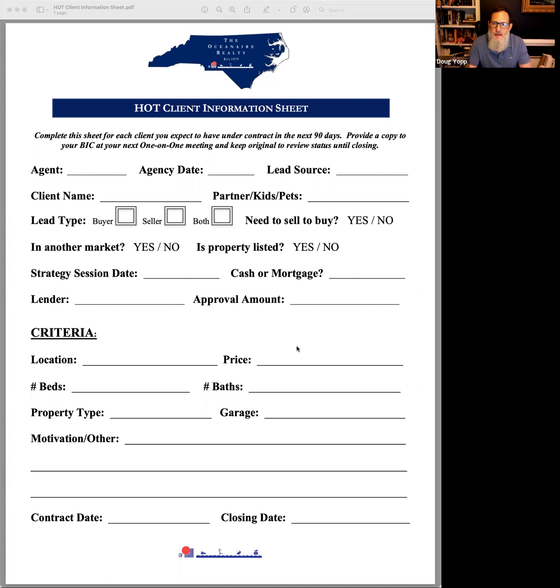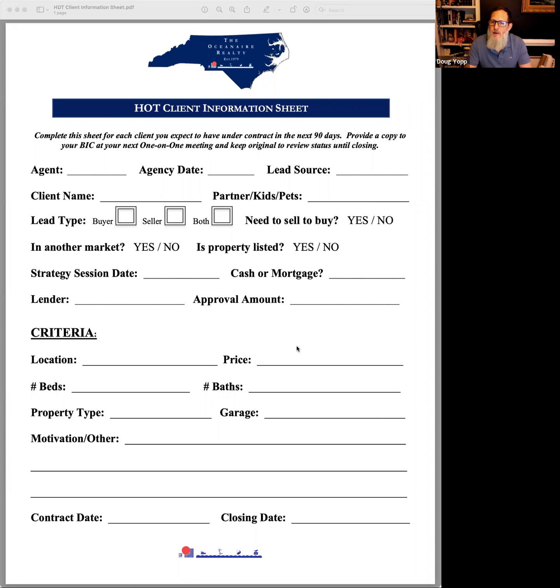So location, price, of course, what do we always talk about? Minimum criteria. Let's keep it baseline. Beds, baths, property type. Are we talking condos, townhomes, multifamily, single family, land? What is it we're looking for? And then a garage is important. And then beyond that, well, what's your motivation or what other criteria? Oh, I want a fence. Okay, that's nice, right?